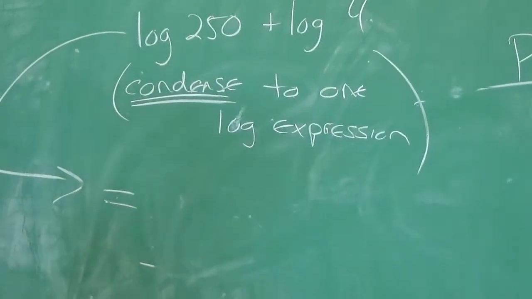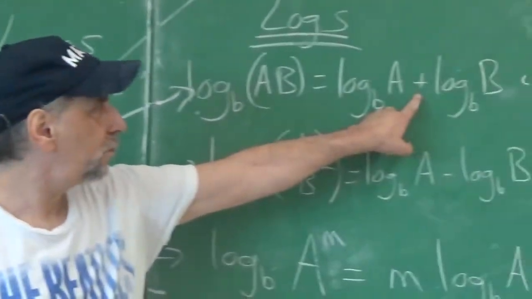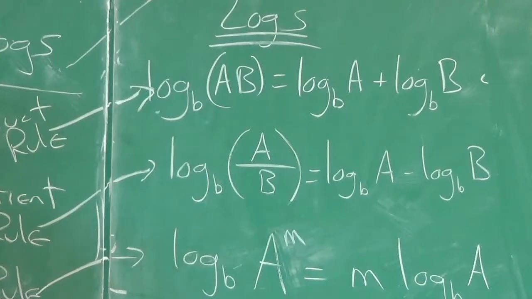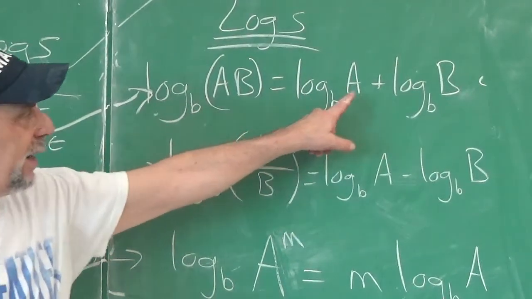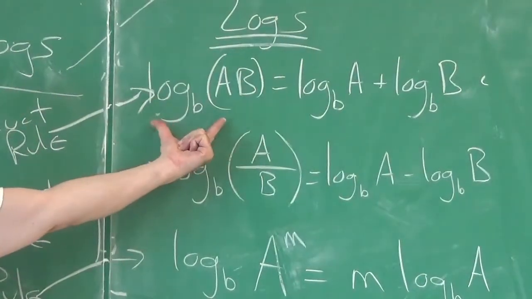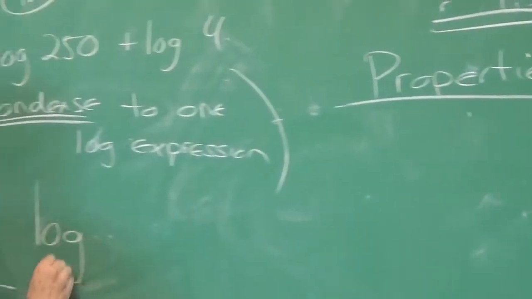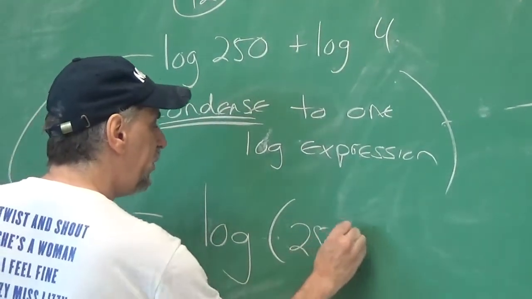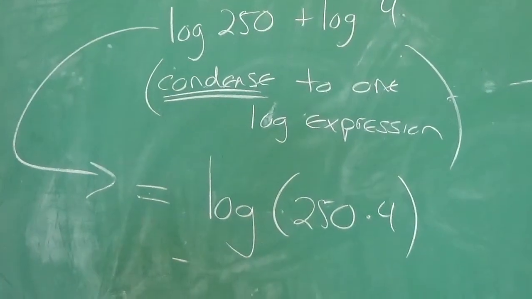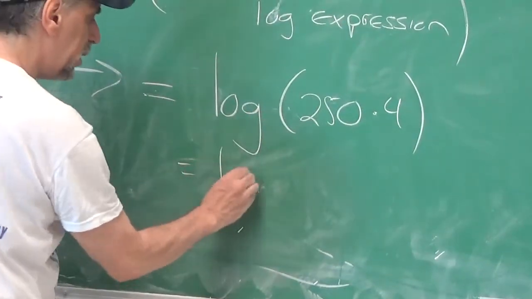So here we have a sum, so we're looking at this case here. Same base, right? There's no base written, so we know it's base 10. So we have log base 10 of one number plus log base 10 of another number. So we can now combine that into this. So that's what we're going to do. Take the logarithm of, and I'll write it out, 250 times 4. Going the reverse from right to left of the product rule. 250 times 4 nicely is 1,000.